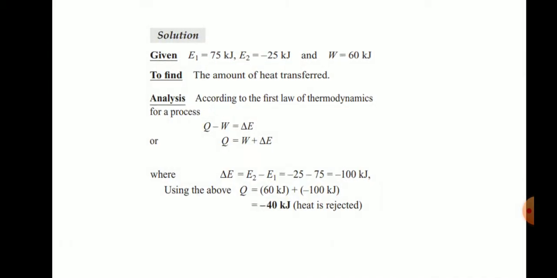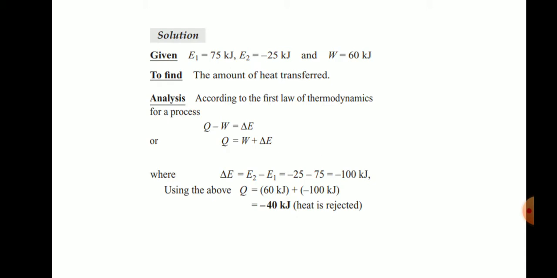Solution: E1 is 75, E2 is minus 25, W is 60 kilojoules. To find the amount of heat transferred, apply the first law of thermodynamics. According to the first law, Q equals W plus delta E. Delta E is E2 minus E1, and W is plus 60. Not minus 60, a very important point. Then delta E is E2 minus E1, not E1 minus E2.